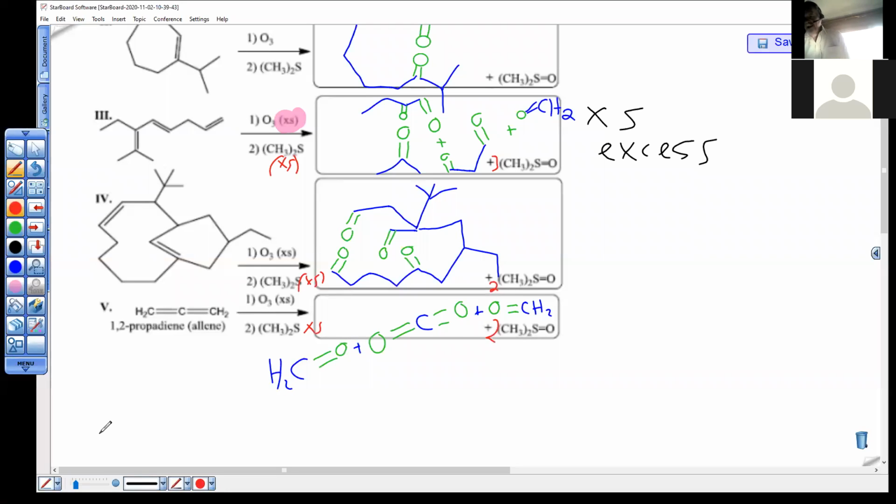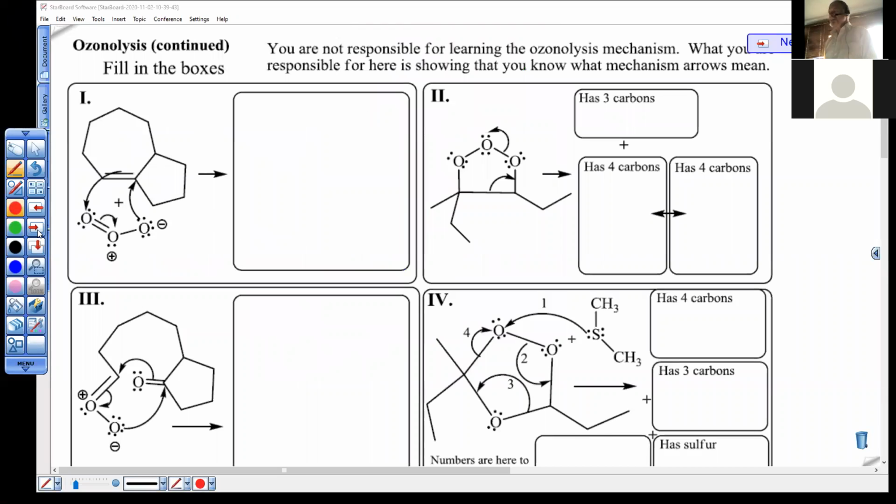Now, in terms of the mechanism, you are not responsible for the mechanism of ozonolysis, but you are responsible for understanding what mechanisms do. So here I've given you the mechanism and expect you to be able to predict the result.